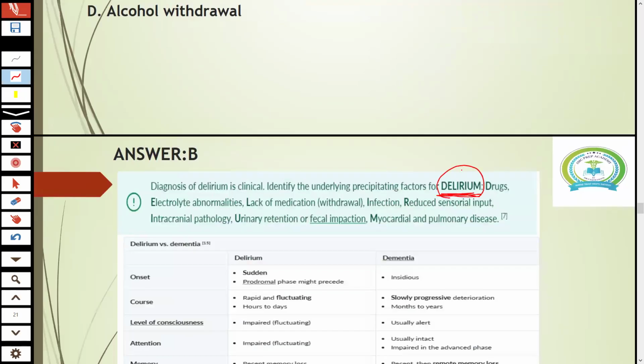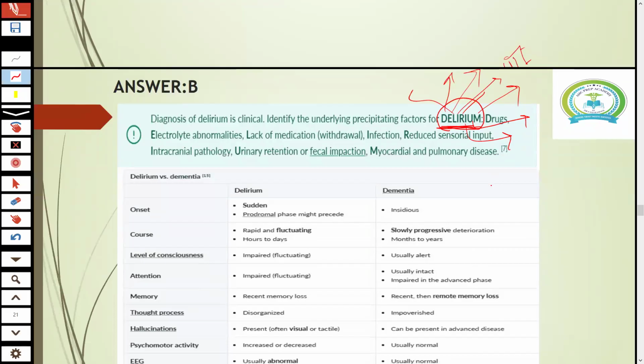The word delirium itself is a mnemonic: drugs, electrolyte abnormalities, lack of medication the patient was already taking, like withdrawal symptoms because of that medication, infection like UTI, reduced sensory input, intracranial pathology, urinary retention or fecal impaction, MI and pulmonary disease. So the DELIRIUM mnemonic itself lists the causes of delirium.